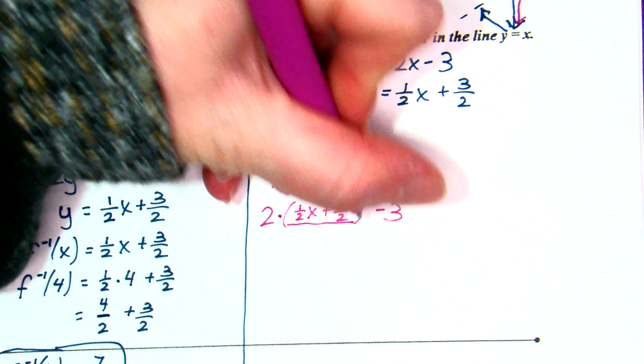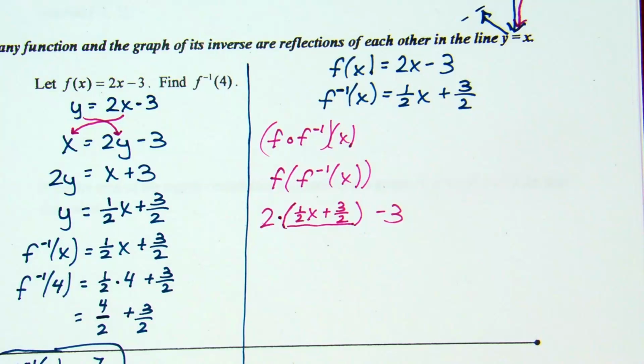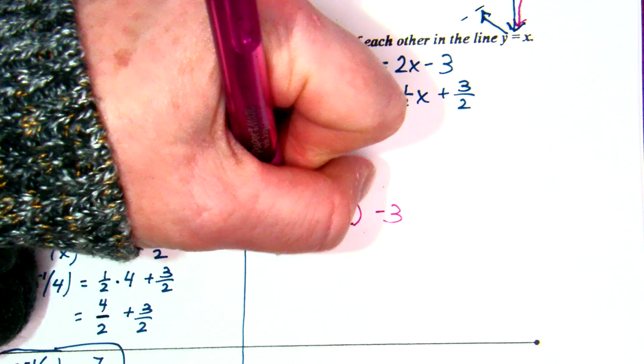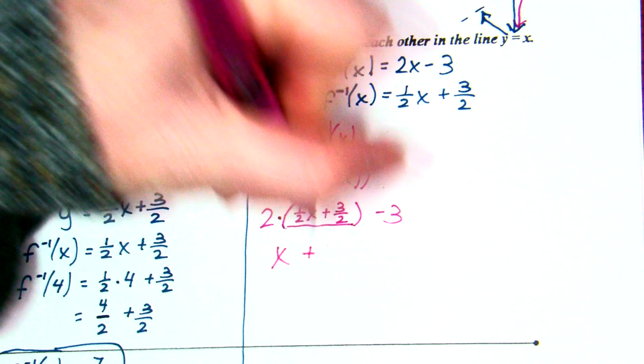Do the math, right? Take the 2, and it cancels out the fraction, so distribute. 2 times 1/2 x is x plus 2 times 3/2.